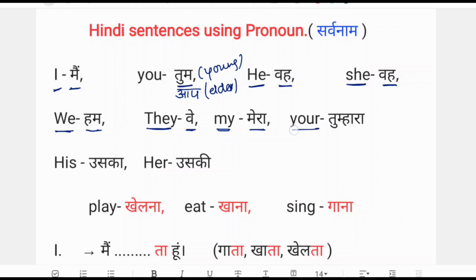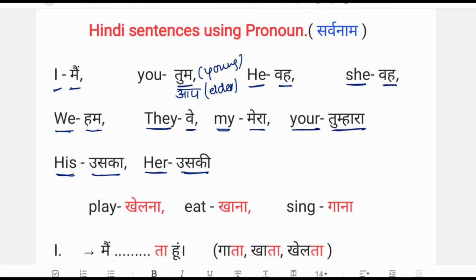And for your it will be तुम्हारा. For his उसका. And for her we use उसकी. So these are very common pronouns or the sarvanams that are generally used in Hindi sentences.